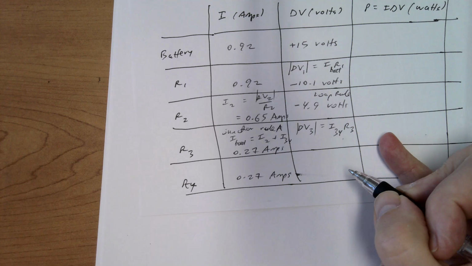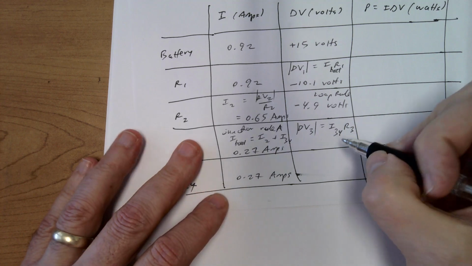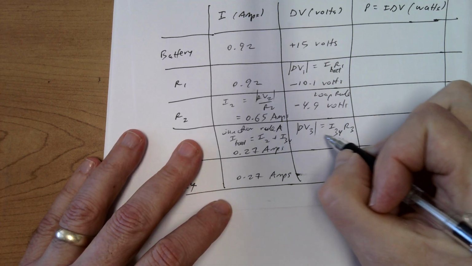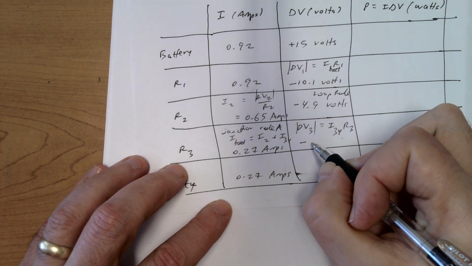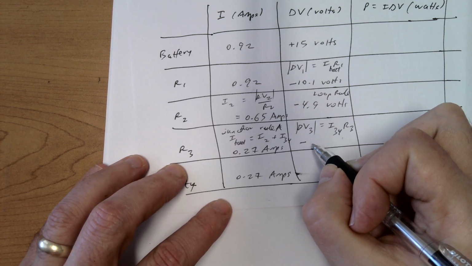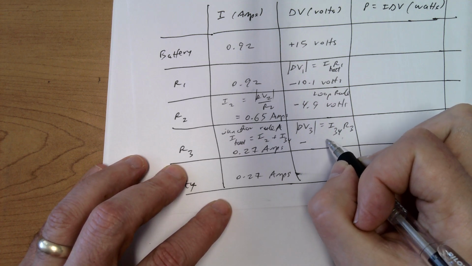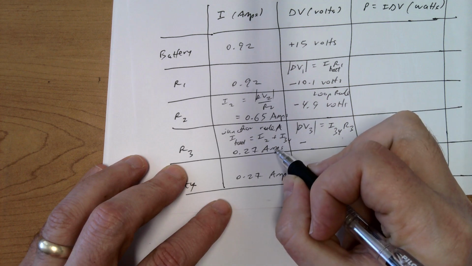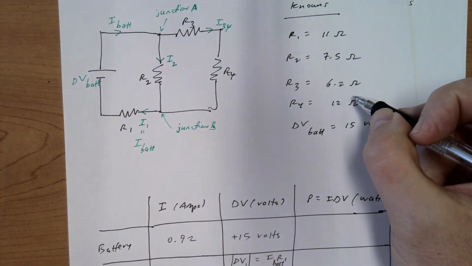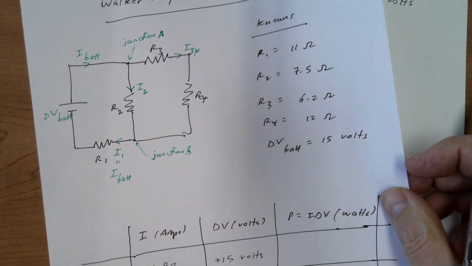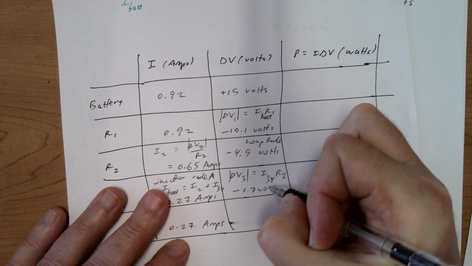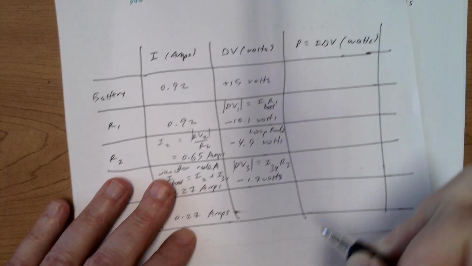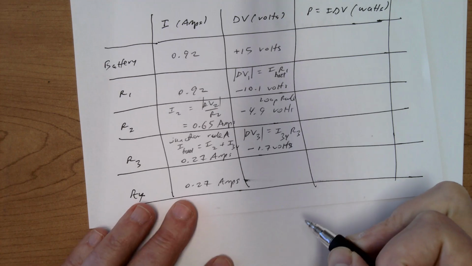I'm going to apply Ohm's law to resistor 3, and that'll give me the magnitude. I'm going to put a minus sign because it's, again, a drop in voltage in R3. And so I'm going to put 0.27 amps times R3, which was 6.2 ohms, and I get negative 1.7 volts for that. You can check the arithmetic yourself.